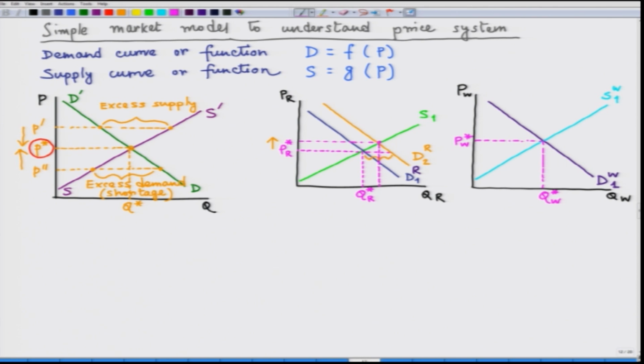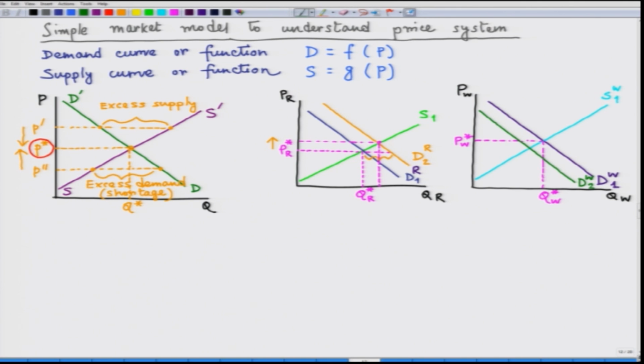Now, at the equilibrium price, there will be a decrease in demand for wheat because of the taste and preference change. So, the demand function will shift downward in parallel, and let us call this new demand function DW2.